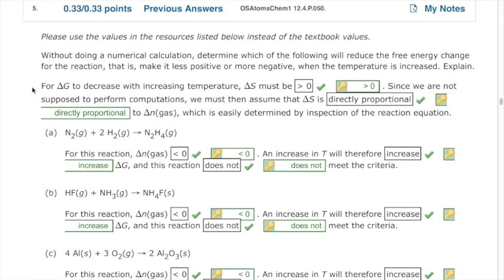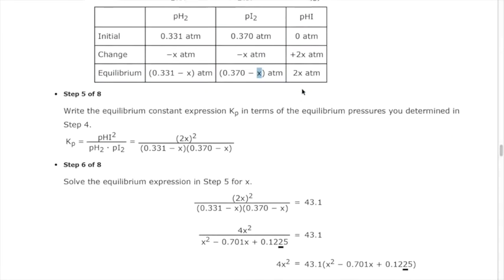So for delta G to decrease, that means to become more negative, right? And processes are spontaneous when delta G is negative. So delta G decreasing is another way of saying to become more spontaneous. For delta G to decrease with increasing temperature, delta S must be greater, equal, or less than 0. Let's take a look at something here.